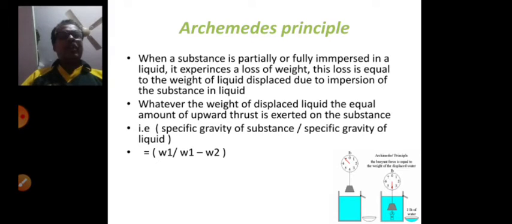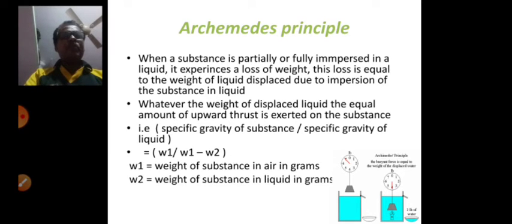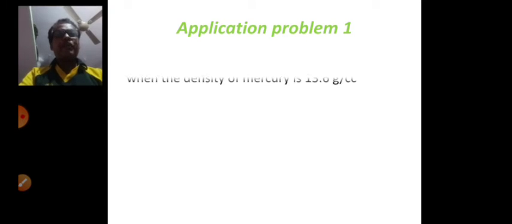Mathematically, it can be expressed as W1 divided by W1 minus W2, where W1 is the weight of the substance in air and W2 is the weight of the substance in liquid. Using this, we can calculate the relative density of a substance. Let us solve some application problems using Archimedes principle and the density and relative density concepts.